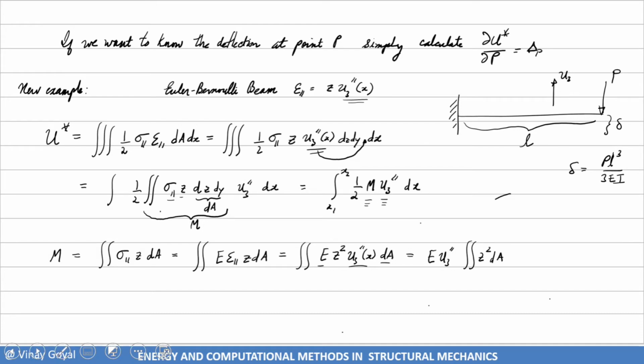And if you look at your mechanics of materials class or my YouTube lecture notes on statics and strength of materials, this is a moment of inertia. So I get EI u3 double prime.